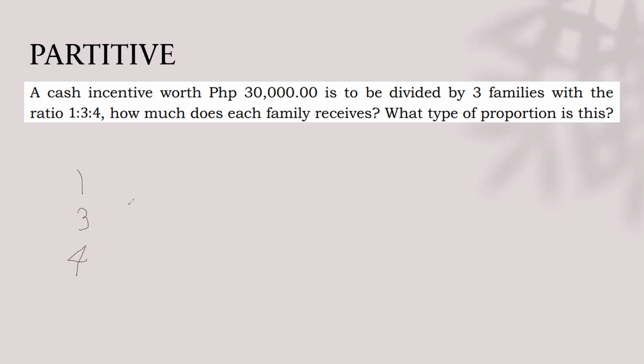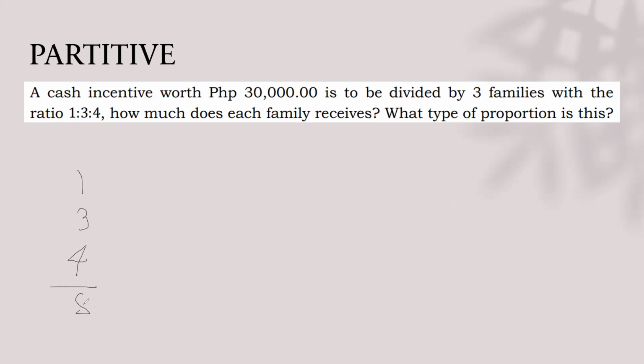So ibig sabihin, ilang bahagi meron tayo lahat? Kung ang unang pamilya ay 1 bahagi, ang pangalawang pamilya ay 3 bahagi, at ang pangatlong pamilya ay 4 na bahagi, ilang bahagi lahat meron tayo? 8 po. That's correct.